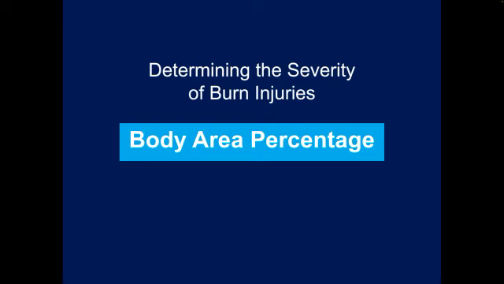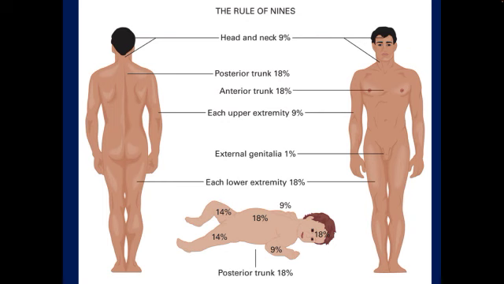Now, body surface percentages. This is called the rule of nines. You really need to know this. There are two versions of it: a pediatric version and an adult version. The big difference between the two, if you look at the infant right there, is the legs and the head. Because children develop from the head down, most of their skin surface is the head and the torso.